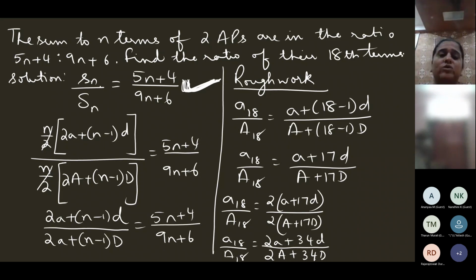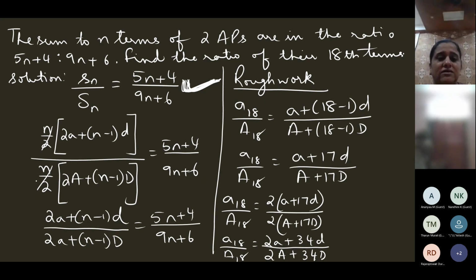So now let's expand. What is Sn? We know the formula, n by 2 of 2a plus n minus 1 into d. So n by 2 of 2a plus n minus 1 into d in the numerator. Write the same thing in the denominator, but differentiate the first terms and the common difference. So I've used a capital A to be the first term of the second AP and capital D to be the common difference of the second AP.